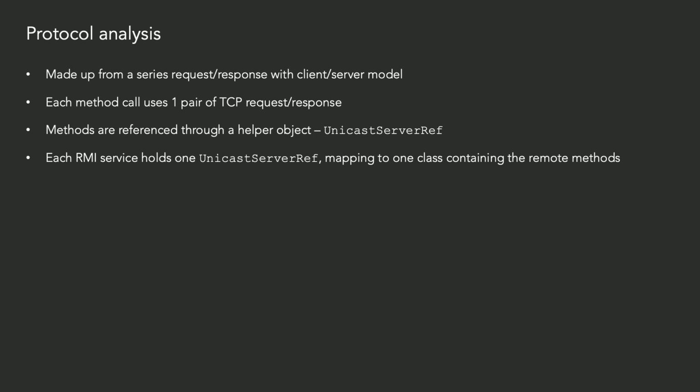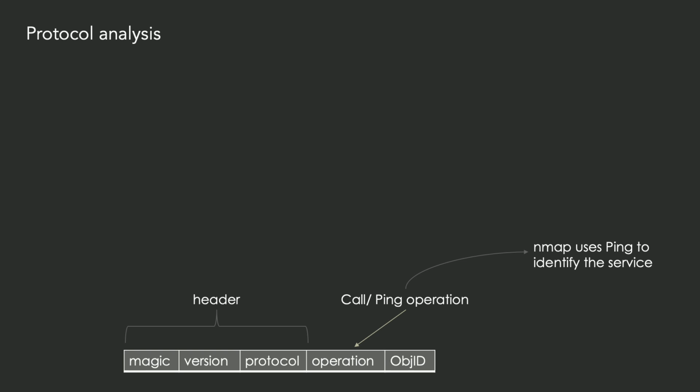So for one method invocation, there will be a pair of TCP request and response. The methods are mapped to a Java class, and that Java class is mapped to a UnicastServerRef with internal Java classes. Under the wire, it works like this. We send the header like any other protocol, and the operation: call or ping.